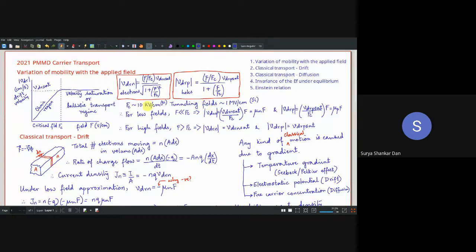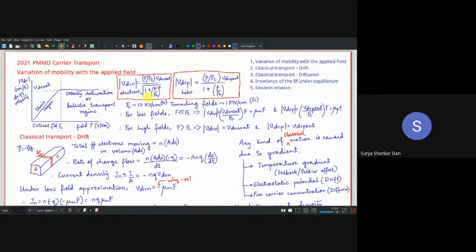So this is for silicon. So suppose in case of metals, instead of 10 kilovolt per centimeter, suppose Fc is 10 megavolt per centimeter. तब क्या होने वाला है? If you are actually applying something around 10 kilovolt per centimeter, the metal itself will start to melt. Okay? The metal itself will lose its property of the metal. All right.